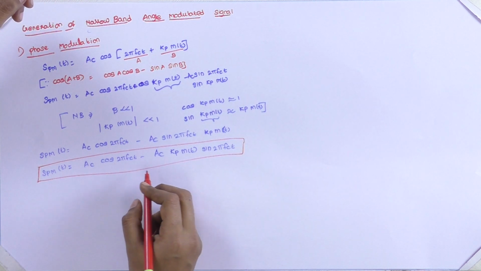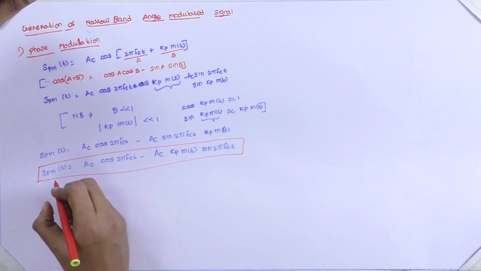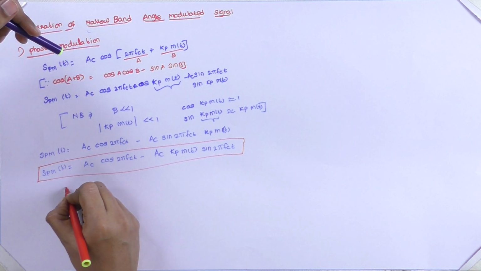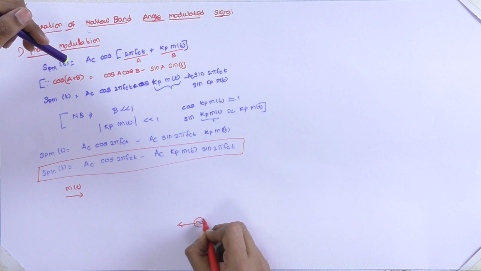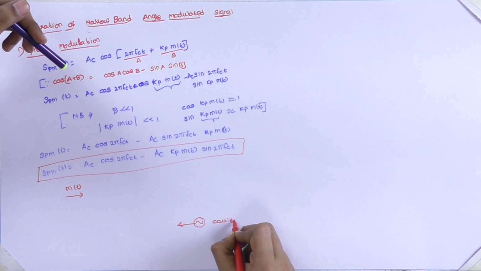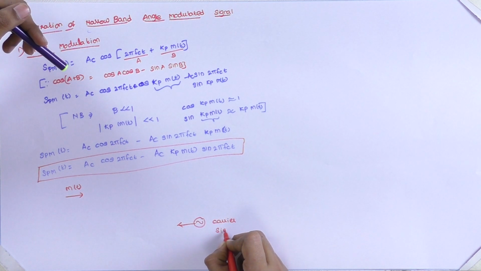Now, we will see what is the block diagram for this implementation. So, we are applying the message signal m of t. We are having a carrier signal, here carrier, using a crystal oscillator.